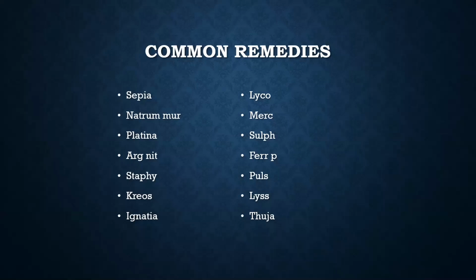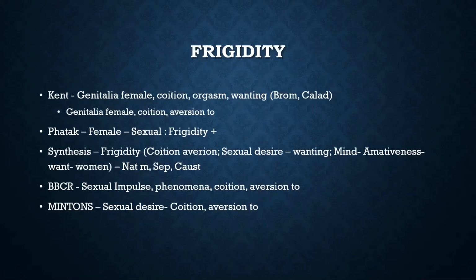This is one important remedy which has been given. Then Thuja: sore vagina during coition and burning ovaries after coition. Again, we didn't talk about the ovaries as such, but in case of Thuja, we have burning ovaries after coition. So this is about dyspareunia.